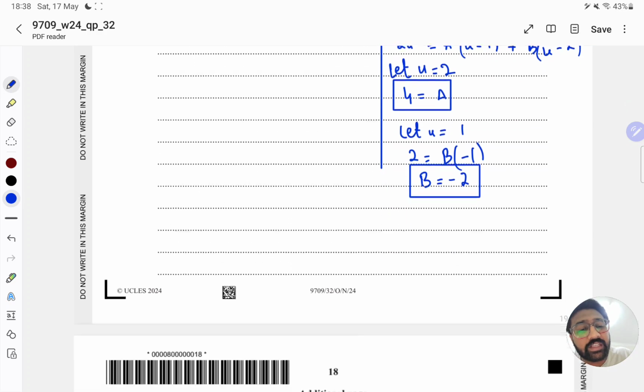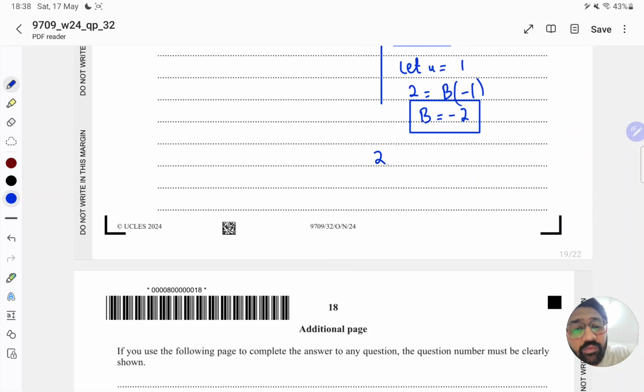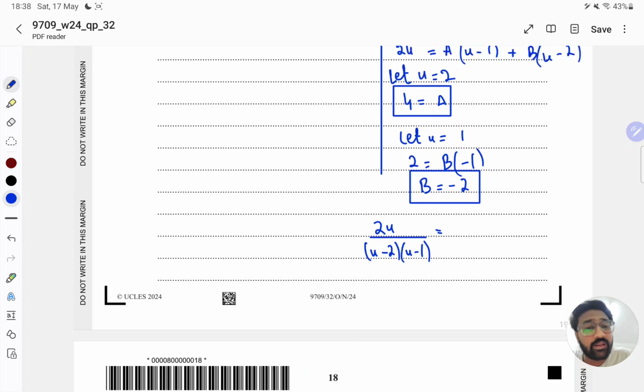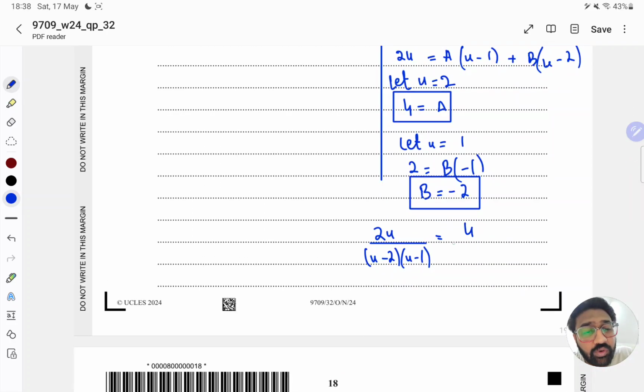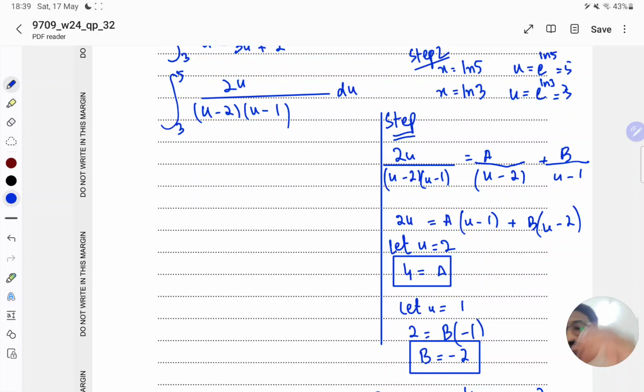So the partial fraction answer that I will have will be 2u divided by u minus 2 into u minus 1, which will be equal to 4 divided by u minus 2 minus 2 divided by u minus 1. I have to replace it over here, and then I'll do the integration with the limits. So it will be 5 and 3.